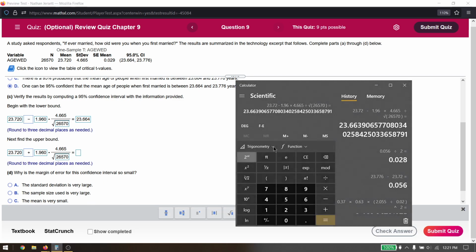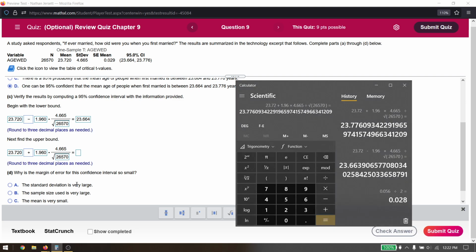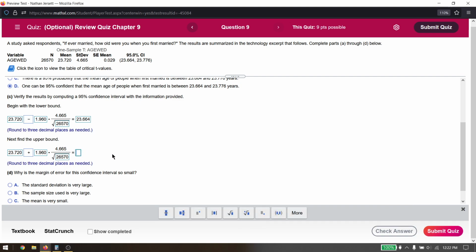For the upper bound, we do the same thing. 23.72 plus 1.960 times 4.665 divided by the square root of 26570 equals 23.776. That's what we have up top.